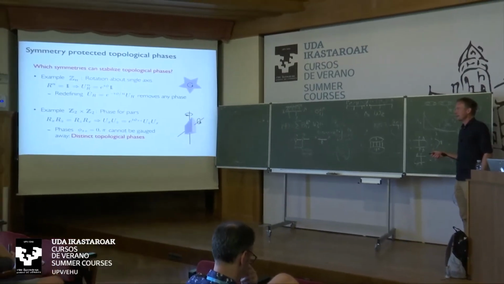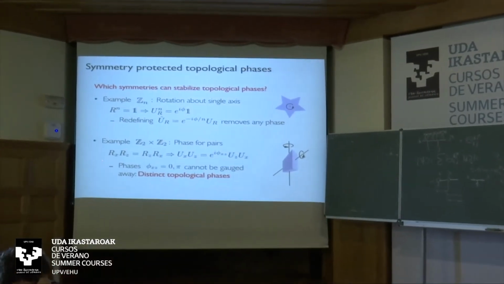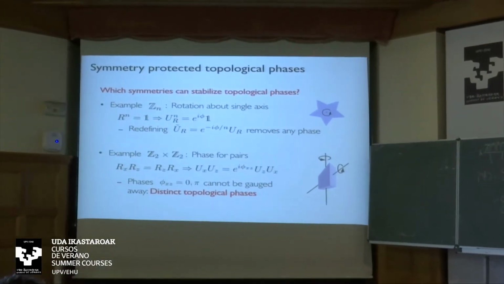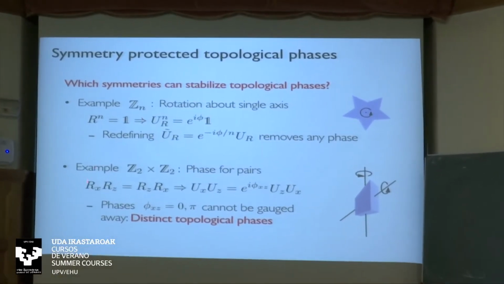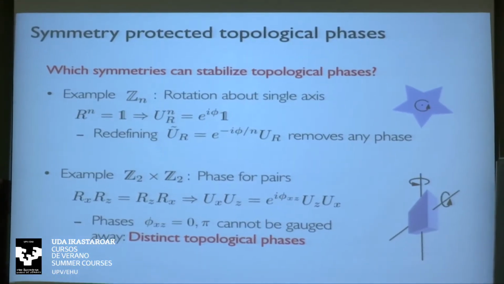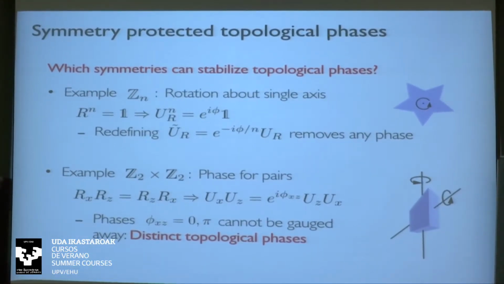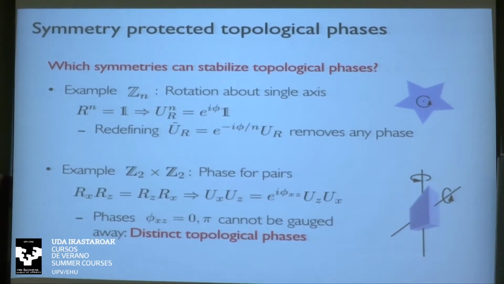Now I'm taking this Z2 cross Z2 group, so we have now Rx and Rz. Starting over with this, we know that Rx squared is equal to some phase factor times identity, and Rz squared is equal to e to the i phi z times identity.